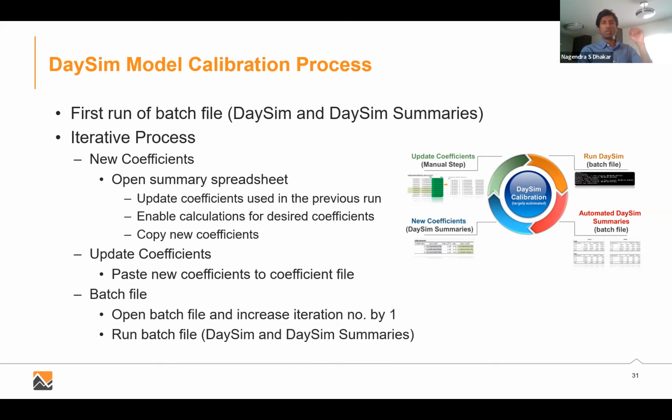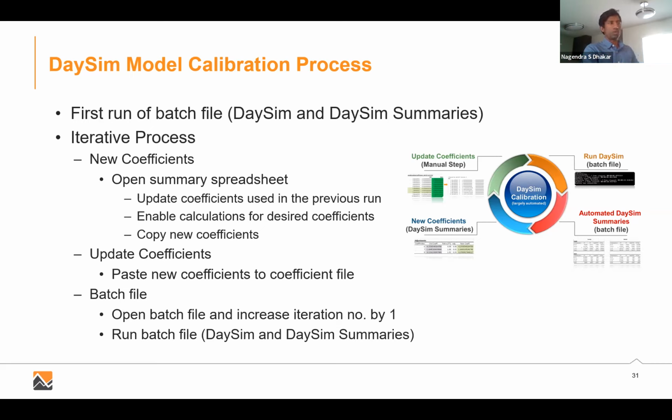In that round, you can enable that. There is a damp value, which specifies whether you want to enable or disable the calculations for the new round of coefficients. Those are calculated automatically once you have enabled it, and then you copy the new coefficients from that spreadsheet into the coefficient file of the next round, which is under CR1.